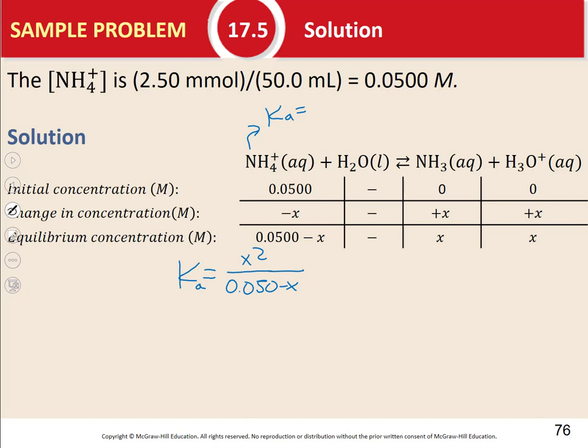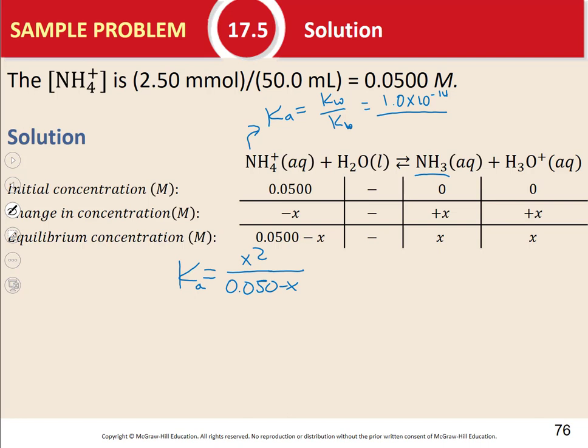Ka times Kb equals Kw, or Ka in this case would be Kw divided by Kb. So Kw is 1 times 10 to the negative 14. What is the Kb that goes in the bottom here? We have to look it up. We have to find the Kb of ammonia, NH3.